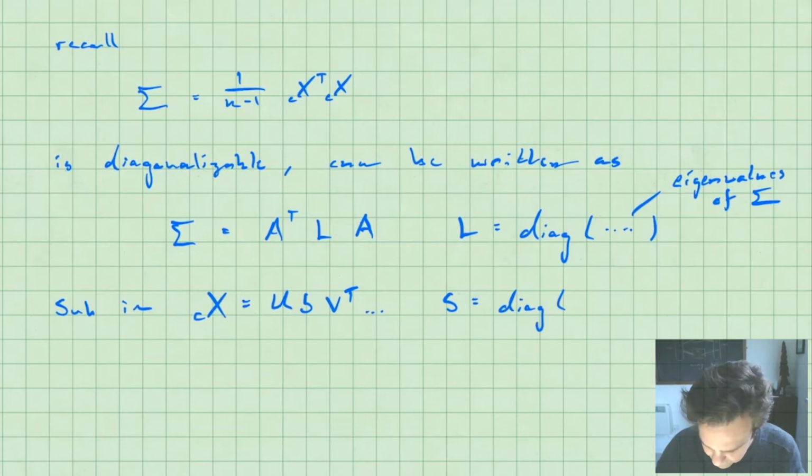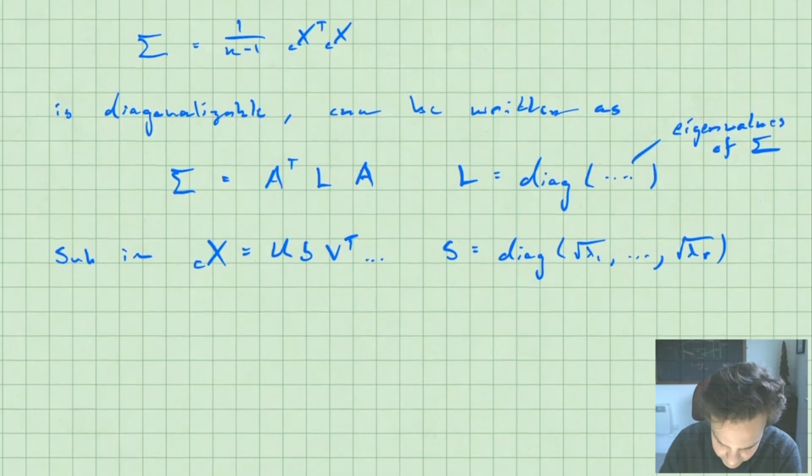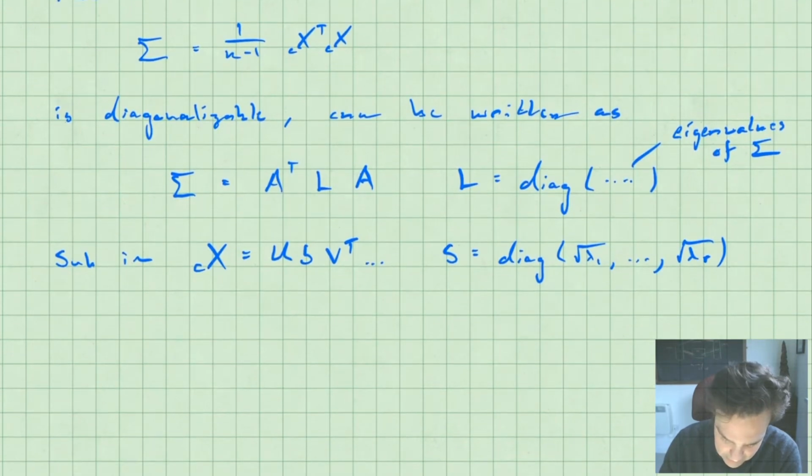These are the square roots of lambda 1. So it's close, and it only goes up to R, right? So you sub that in, and this guy is going to go on the left, and this guy is going to go on the right. I hope that's clear.